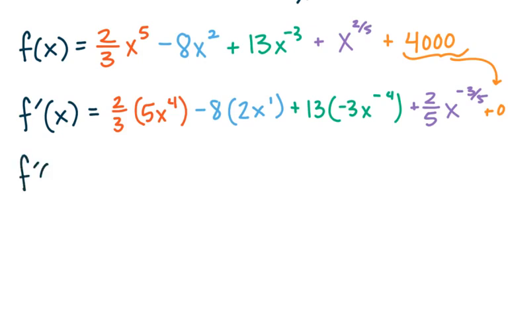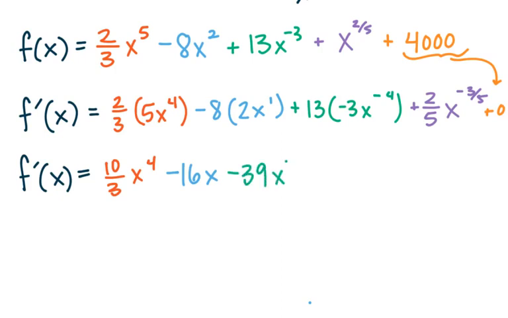I'm just going to clean this up. 2/3 times 5, that is 10/3 x to the 4th. 8 times 2, I'm going to have minus 16x to the 1st. I do not need to write that 1. 13 times negative 3 is negative 39 x to the negative 4th. And I have plus 2/5 x to the negative 3/5.